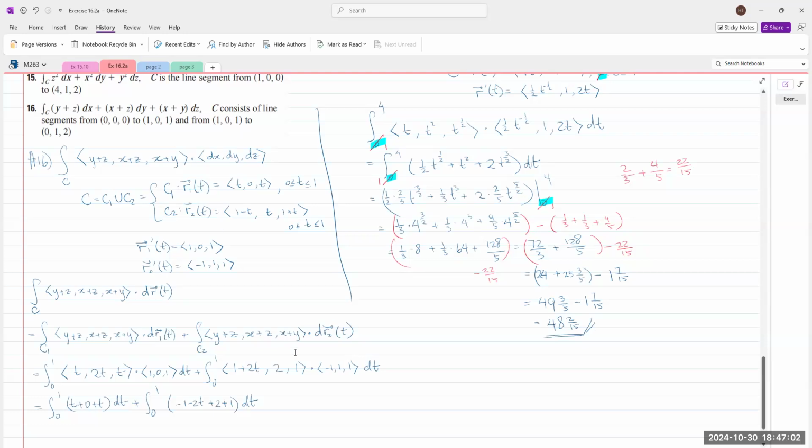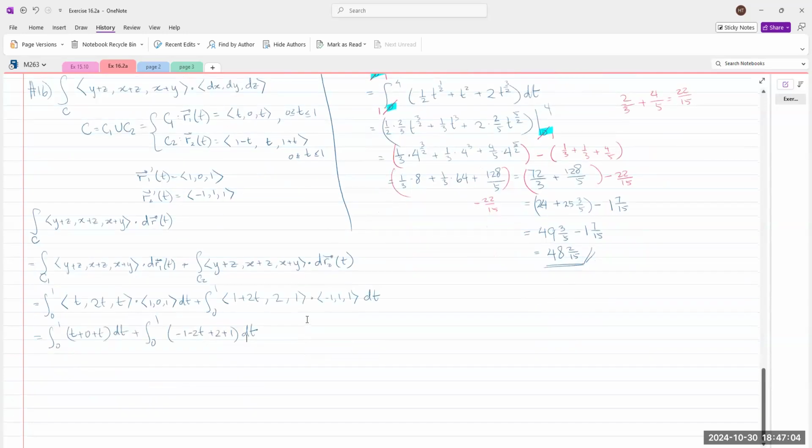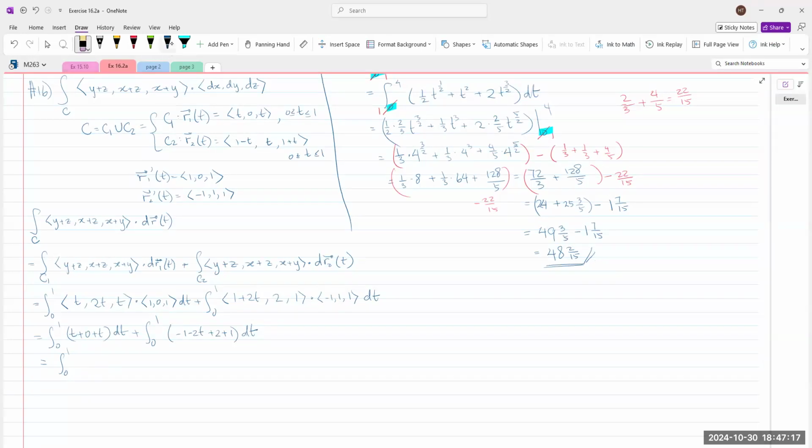They happen to have the same interval of integration, so I can put them together: the integral from 0 to 1 of 2t dt plus the integral from 0 to 1 of negative 2t plus 2 dt. Don't you think that's really nice? The integral from 0 to 1 of 2 dt is 2 times the length. Wow, it's not too bad. Okay, that's for this section.